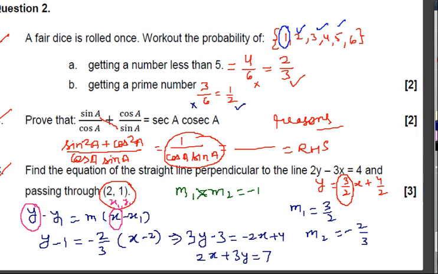Here your answer is 2x plus 3y is 7. The answers to the earlier parts are 1 upon 2 and 2 upon 3. So I am highlighting, and here the answer is given. Your right hand side is only the answer. Okay, let us move further. 2x plus 3y is 7 is the correct answer.